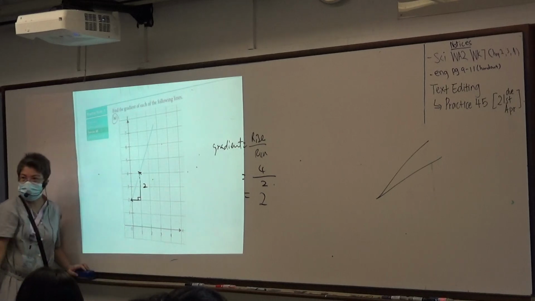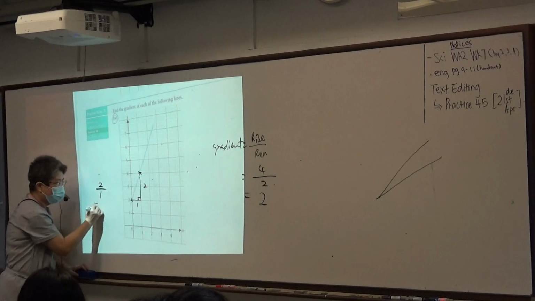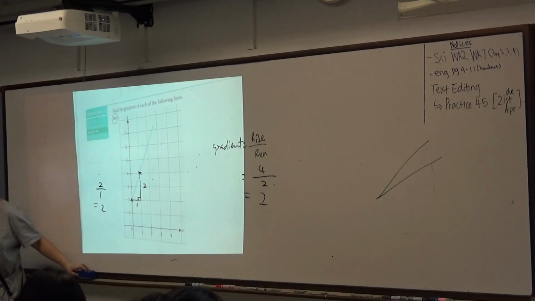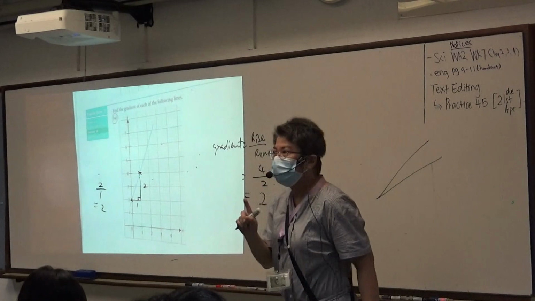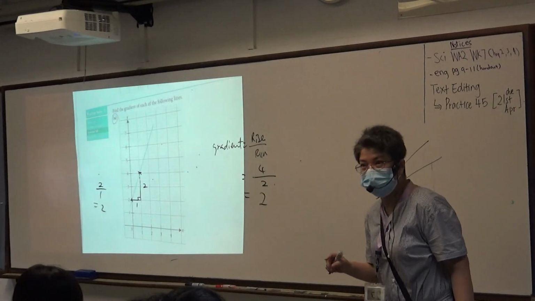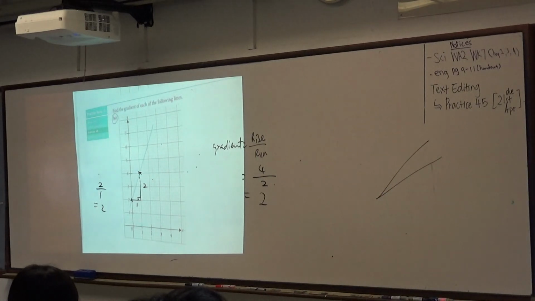Can you see it's 2 units? What is this one? 1. Can you see that I will have 2 over 1, which is still 2? Any 2 convenient points will do. Now, do I try and choose halfway? No, try not to choose halfway because it might not give you the correct answer. Understand? And you may end up with a lot of decimals as well. Everybody clear? Alright, good.